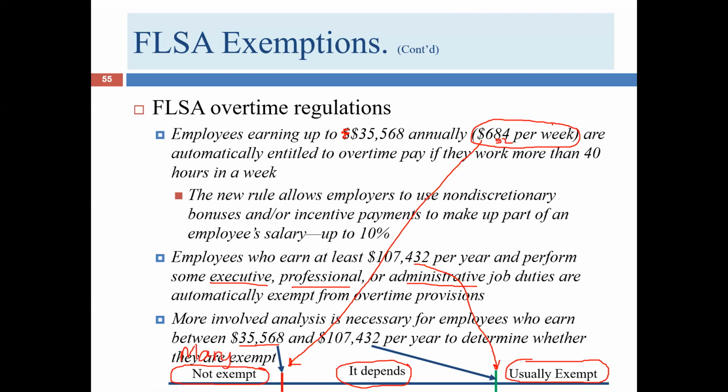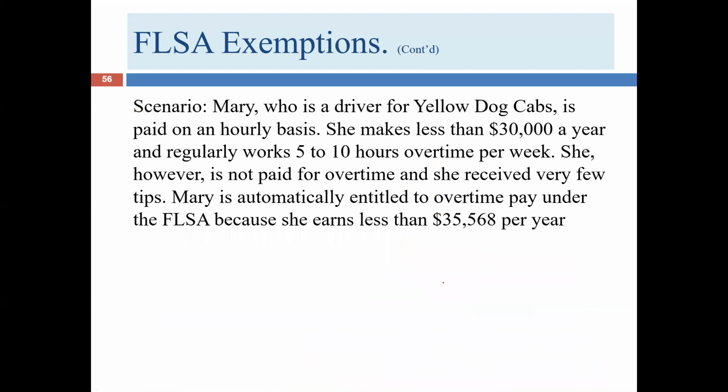We don't have to evaluate whether Mary's position is an executive, professional, or administrative position. We don't even need to think about that. We know she earns less than 35,000, so automatically we know that she is eligible for overtime pay. So if she works 5 hours of overtime, she's going to earn time and a half of her effective hourly rate for that week.